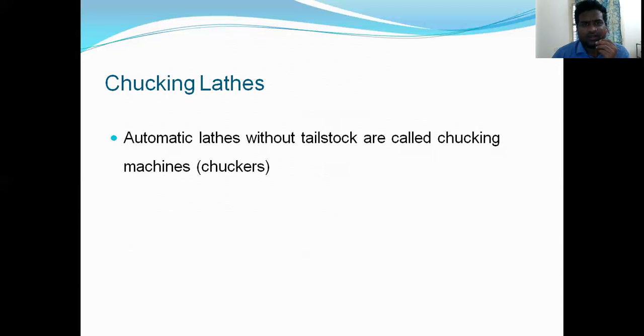With that, we can say that automatic lathes without a tailstock are called chucking machines. Why is it called a chucking machine? Because it is an automatic lathe, but there is no tailstock available, and all operations are done by the machine itself. That's why it is called an automatic lathe. And chucking lathe means there is no tailstock here.